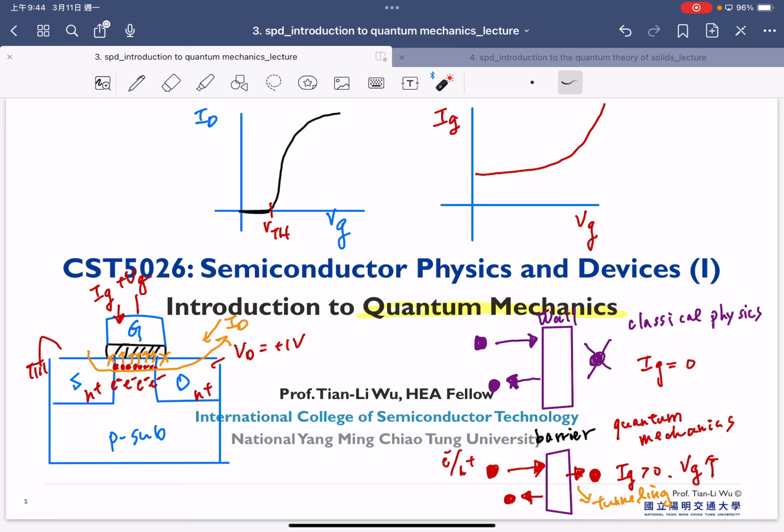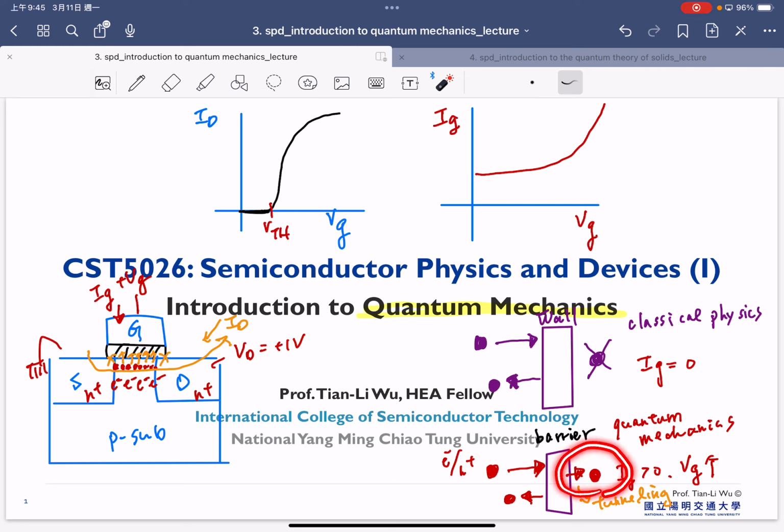But the basic idea is that we use quantum mechanics to understand why there is a probability to find the carrier on the other side, which is not possible to understand from classical physics. And what is the implication for the device characteristic, just like here?